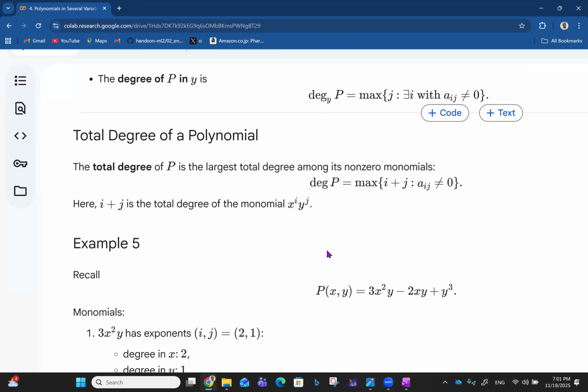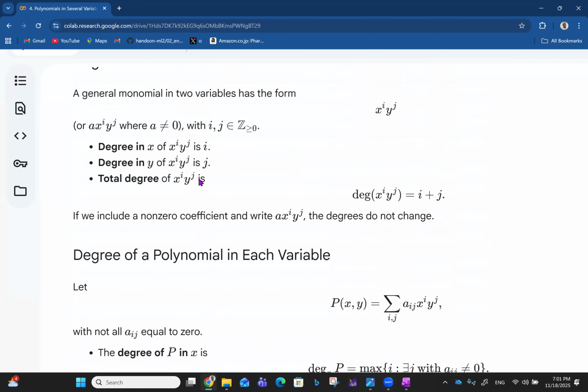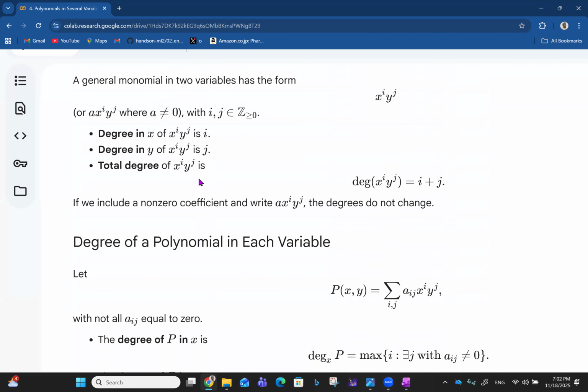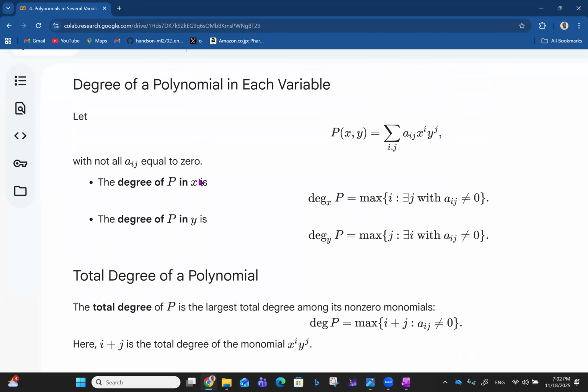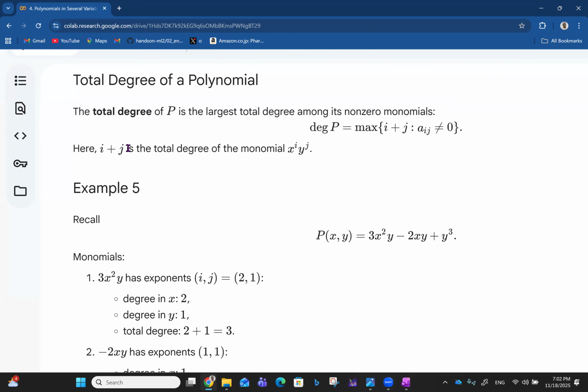So let's talk about the total degree of a polynomial now. With this example, you get the gist. First of all, we've talked about the degree of a polynomial in each variable. A polynomial has a degree in each variable, and then it has a total degree. The total degree of P is the largest total degree among its non-zero monomials.